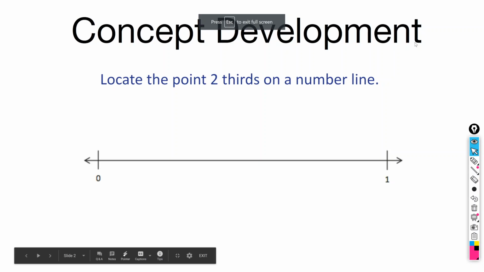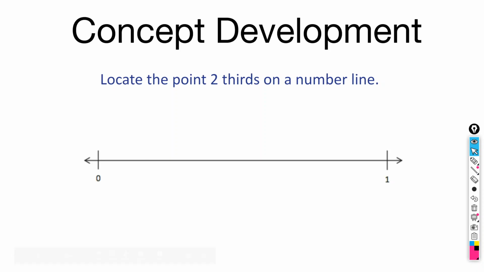All right, what we are going to do is locate the point 2/3 on a number line. So yesterday we did essentially the same thing. So what I'm going to do is first on my number line, I need to break it into 3 pieces because it says we're trying to find thirds.